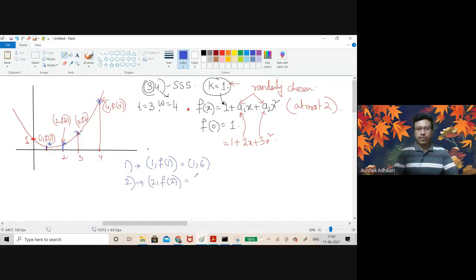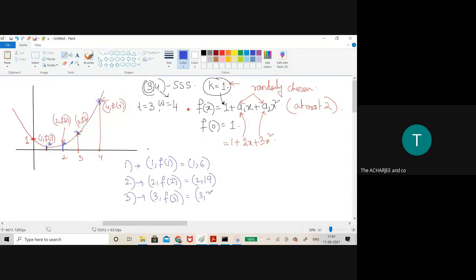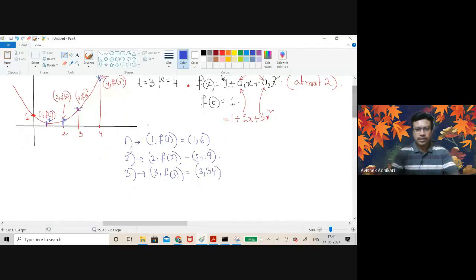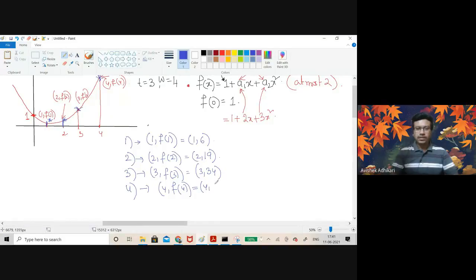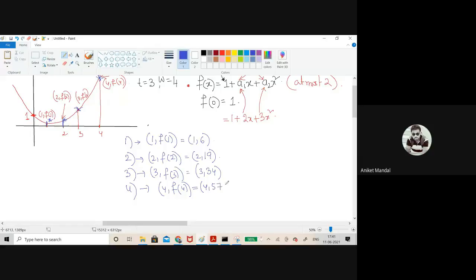What is f(2)? 19. The third participant will get 3 comma f(3): 34. And the fourth participant will get 4 comma f(4). How much is that? 57. Okay, good.